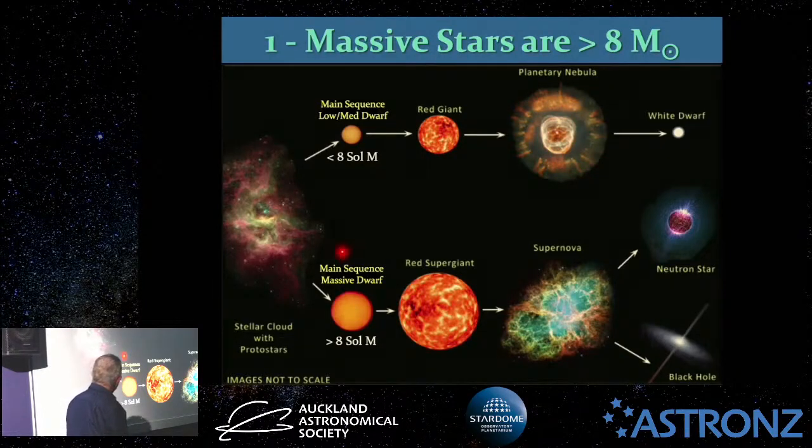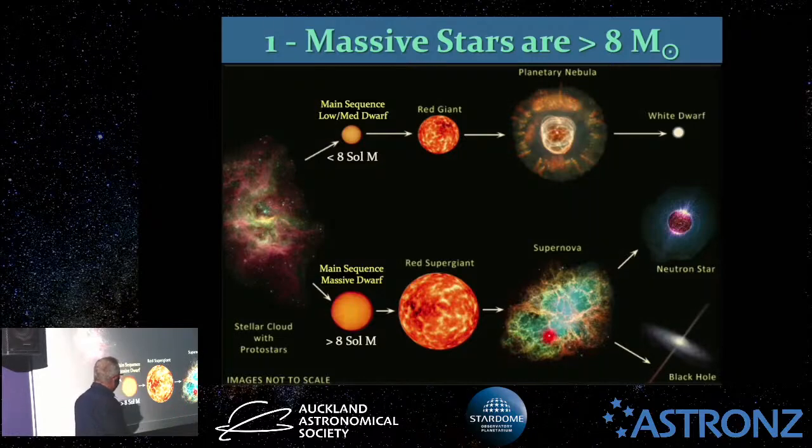Massive stars are those greater than 8 solar masses. Why? Because these are the stars that all end in a big supernova explosion. They spend 90% of their time on the main sequence burning hydrogen to helium. They then run out of hydrogen at their core, so they start burning shells around the core. That causes them to swell up, but with so much more mass, energy and heat going on in there, which we'll talk about shortly, they become red supergiants.